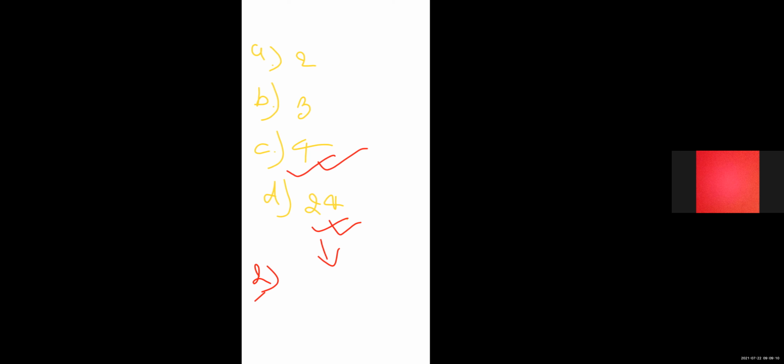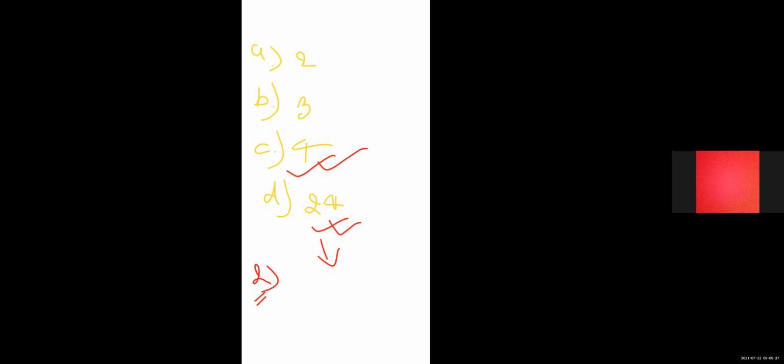Okay, next, the second question. The system that uses the sun as a source of electromagnetic energy and records the naturally radiated and reflected energy from the object is called. Option A is Geographical Information System, that is GIS.